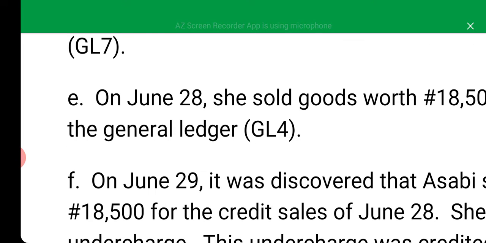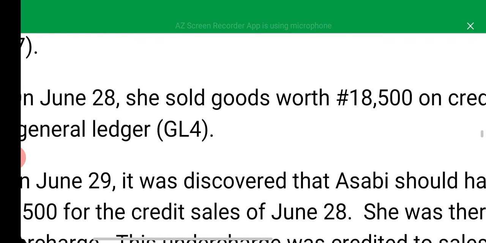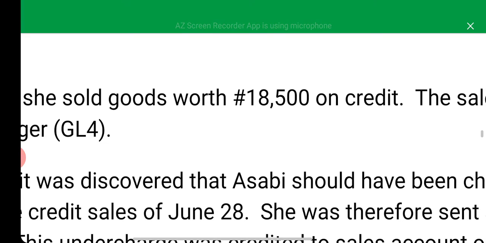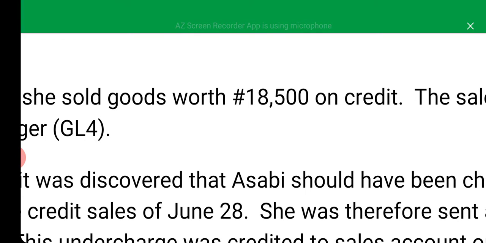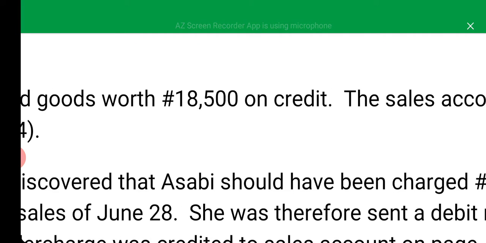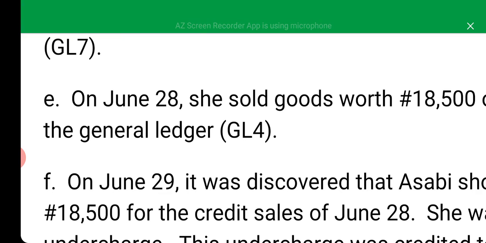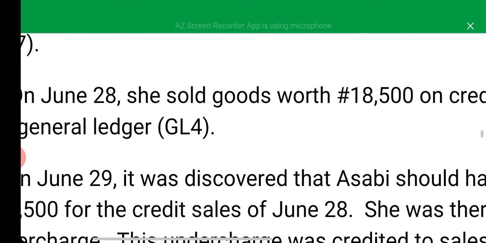On June 28, she bought goods worth 18,500 on credit. Don't forget, your sales book is meant to record all credit transactions, all goods that were sold on credit. So 18,500 worth of goods was sold on credit on the 28th, and the information is from the general ledger page 4.